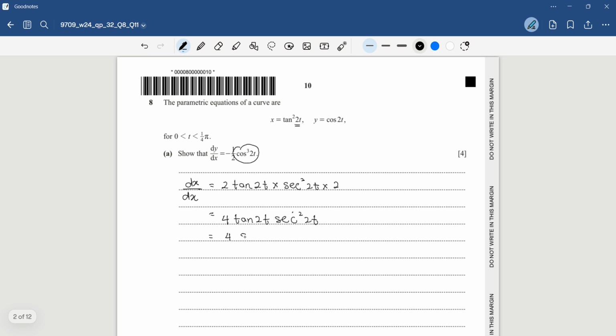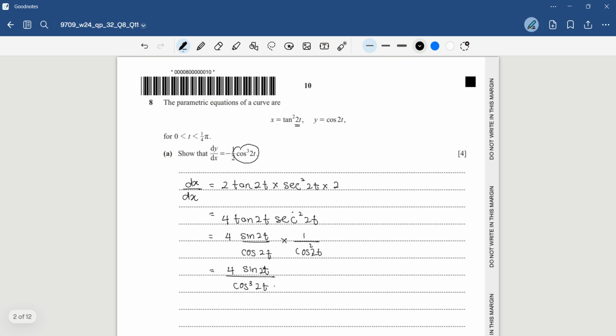Tangent will be sine 2t over cos 2t, multiplied by 1 over cos squared 2t. So in short, it's going to be 4 sine 2t over cos cubed 2t.